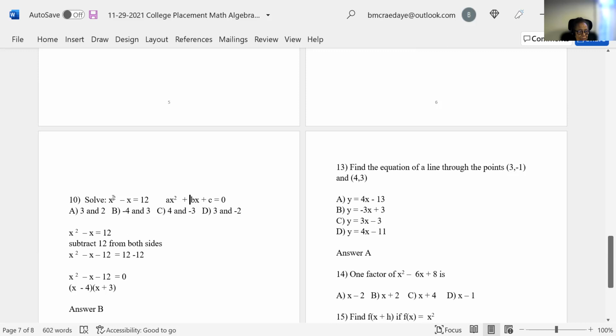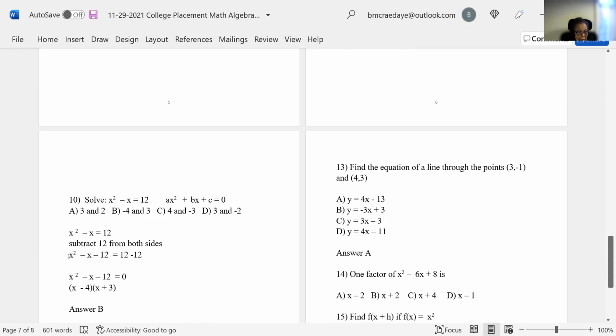So that's why we can take the 12 and subtract it and get 0, because then it's in the general format. Ax squared, where a is 1, bx, where b is negative 1, and then minus 12 is our c. So that's the general format of the quadratic, ax squared plus bx plus c equals 0, and that's what we have here.